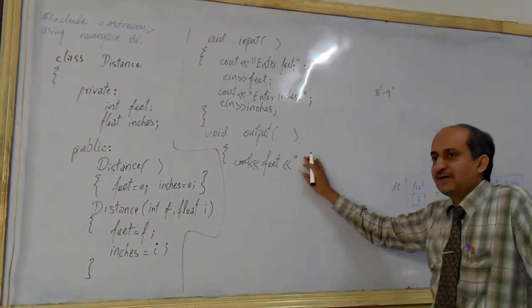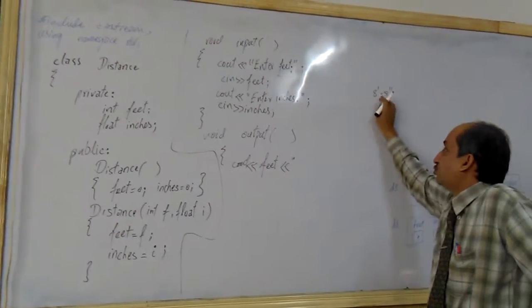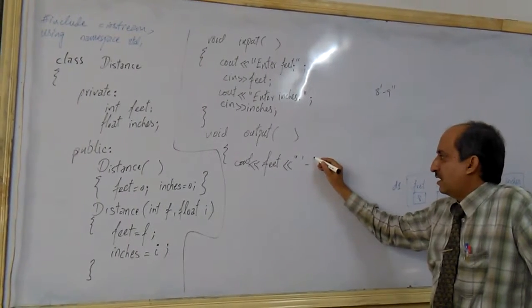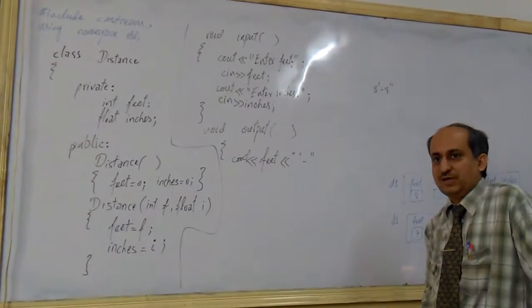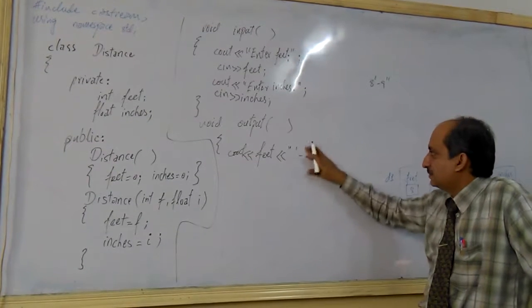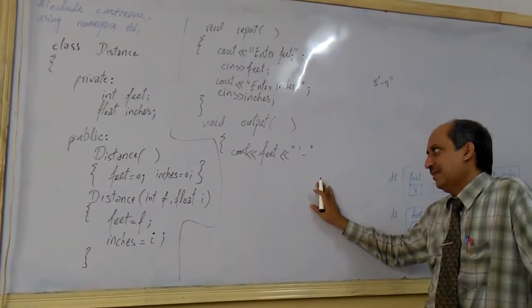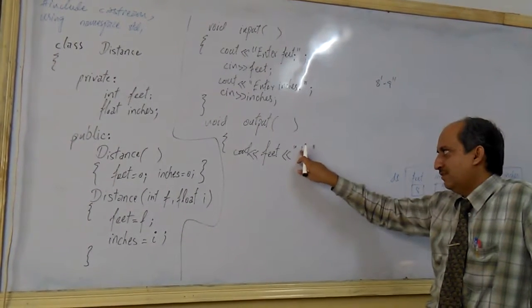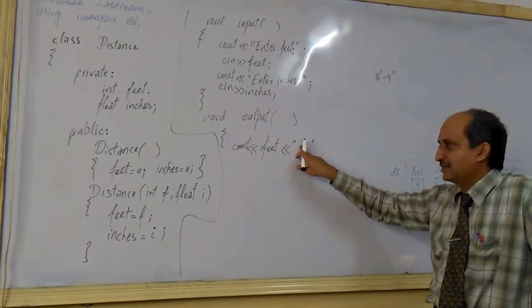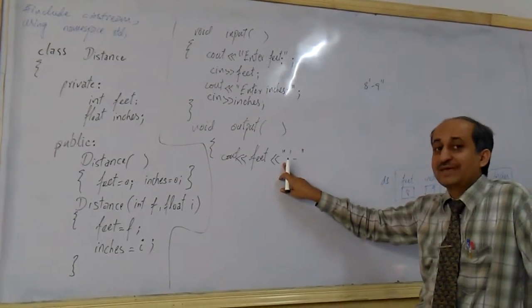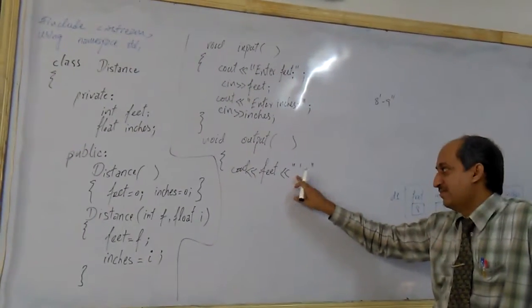And we shall build a constant string for displaying these two characters, single quote and hyphen character, and we shall close that constant string by writing a double quote character at the end. And maybe the compiler will be confused and will not be able to recognize that single quote inside these double quotes, and it may give an error. The C++ compiler may give an error.